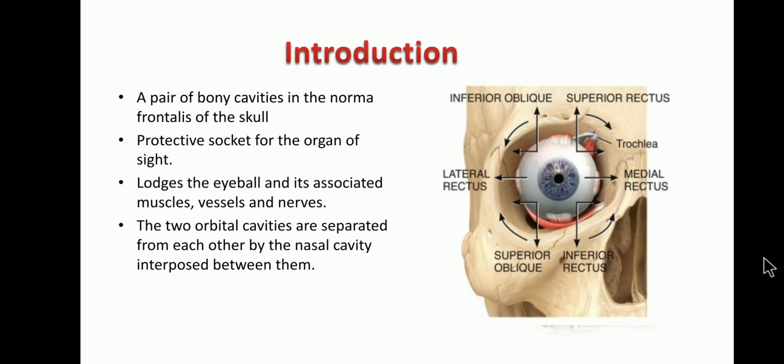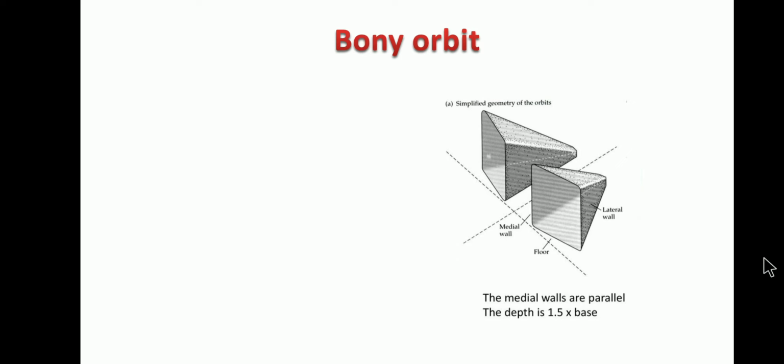Now let us try to understand this bony cavity. How does it actually look? Basically it is pyramidal in shape, and this pyramid is not lying straight. It is laid horizontally, and not exactly antero-posteriorly, but it is laid to one side.